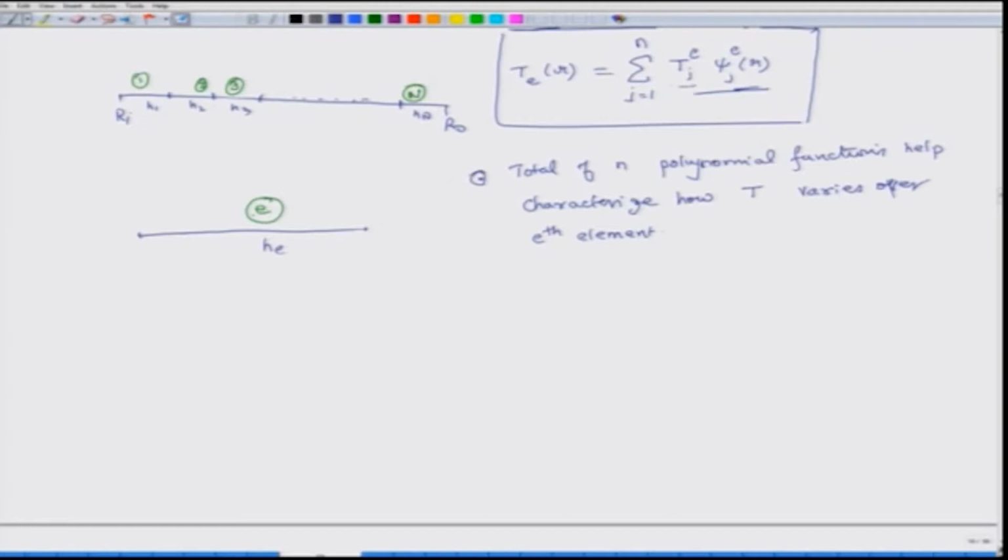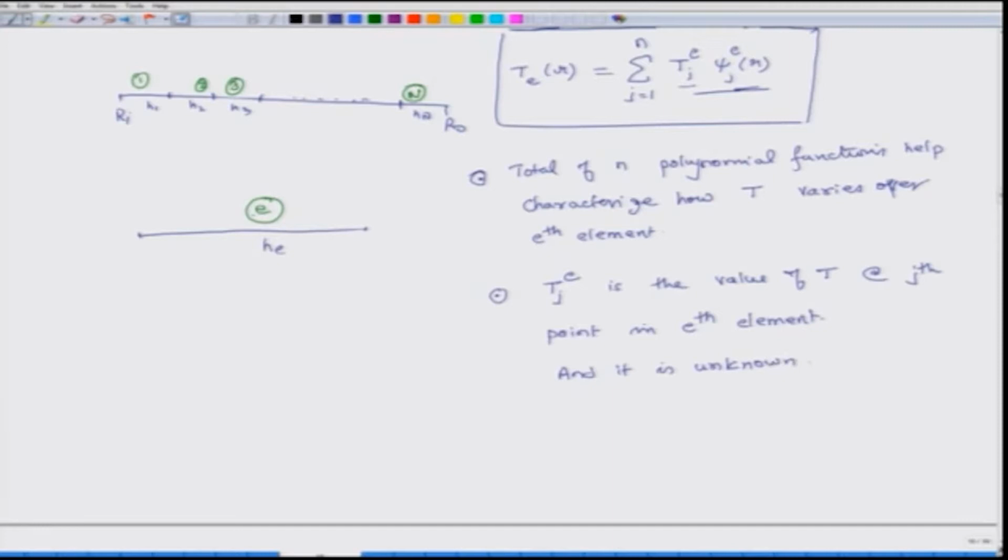And we had said that Tj is the amplitude of these polynomial functions, but another way to look at this is that Tj^e is the value of T at the jth point in the eth element, and why we can say this, we will see later.